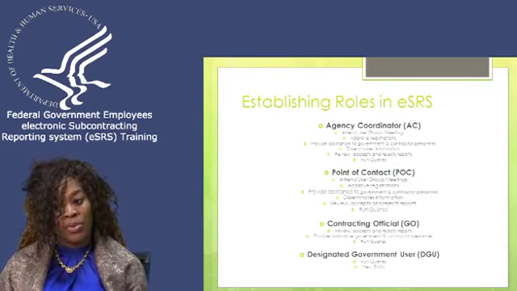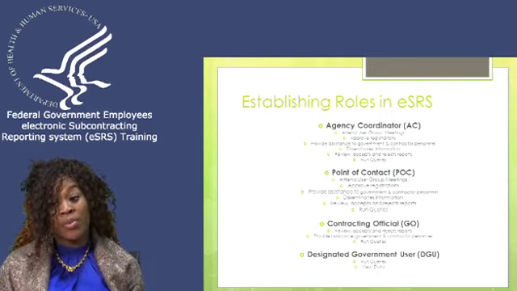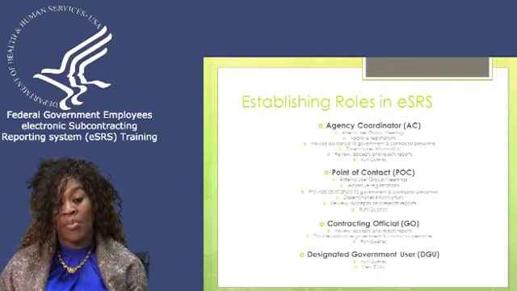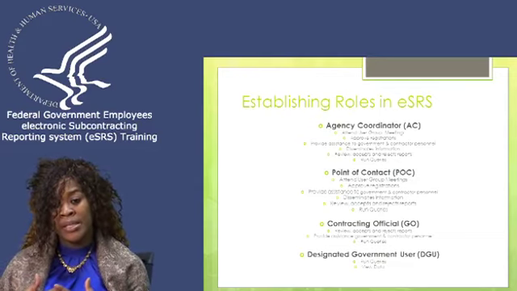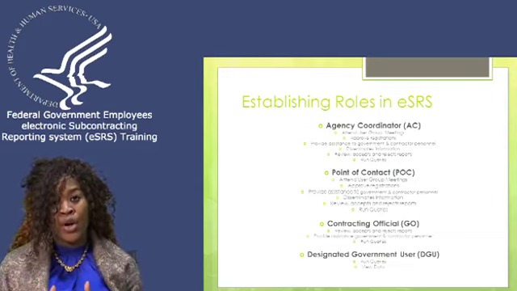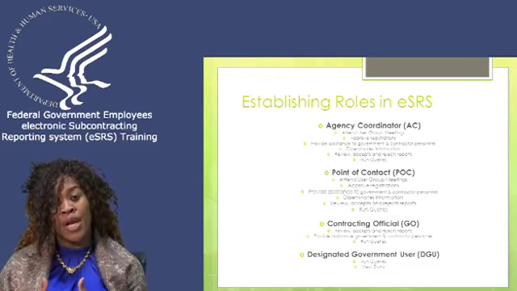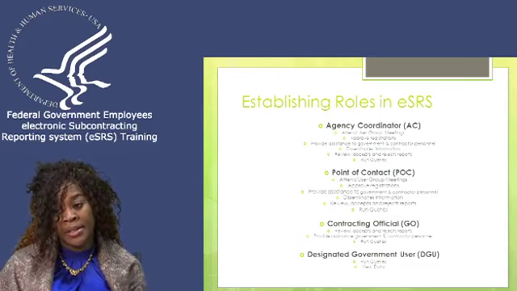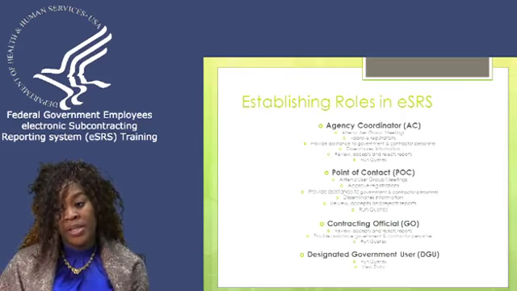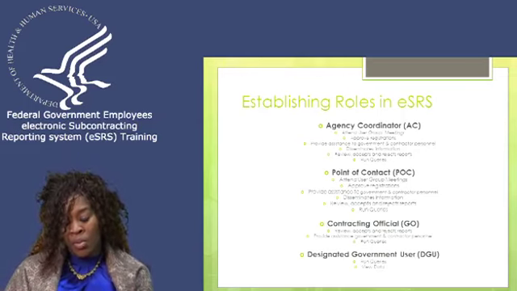They are responsible for approving registrations as well as providing assistance for the government personnel as well as the contractor. They're also responsible for disseminating information throughout your organization on subcontracting as well as the eSRS system. They do have responsibility for reviewing, accepting, and rejecting reports.